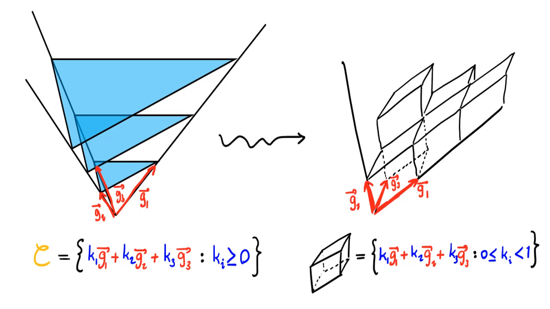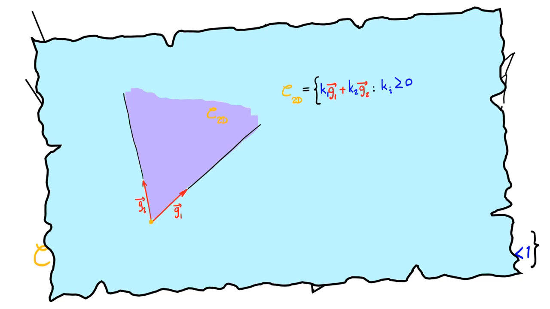Well, let's take things easy and look at the 2D version first. Suppose we have two lattice points g1 and g2 on the plane, and consider the cone generated by non-negative combinations of these points. This is just the 2D analog of what we had previously.